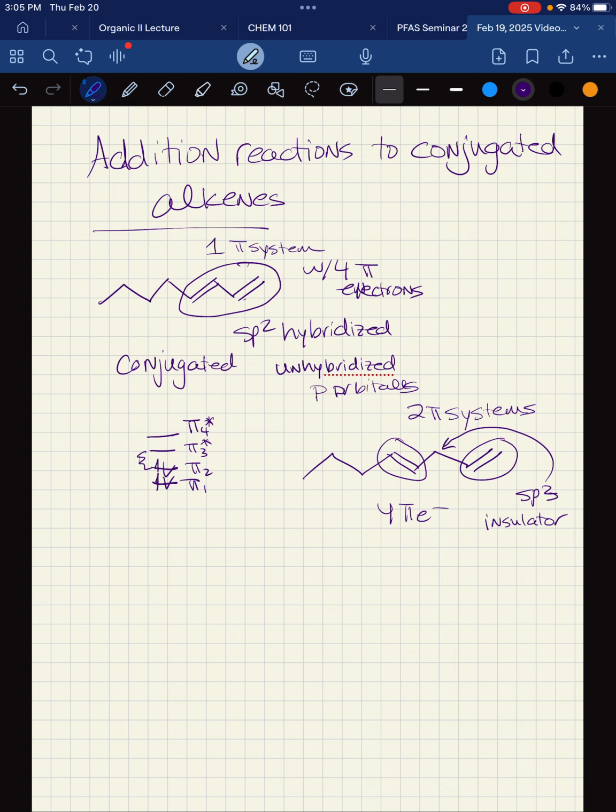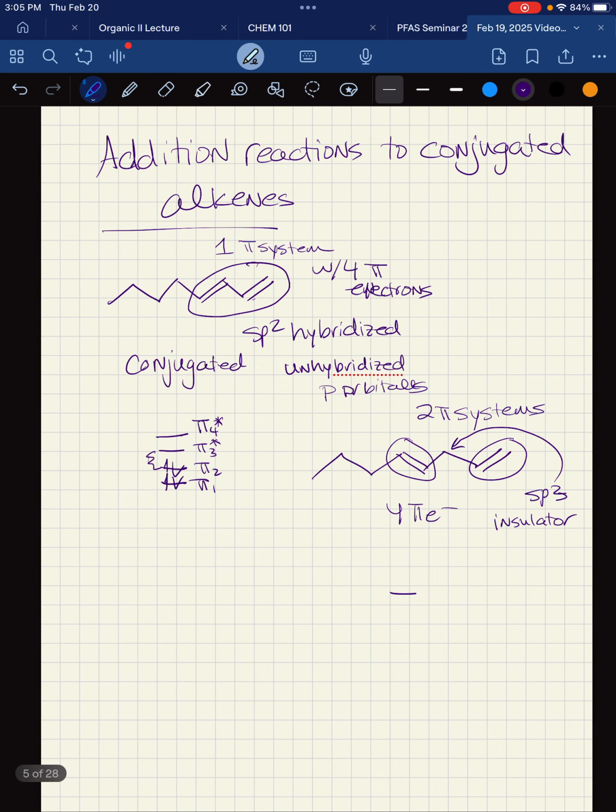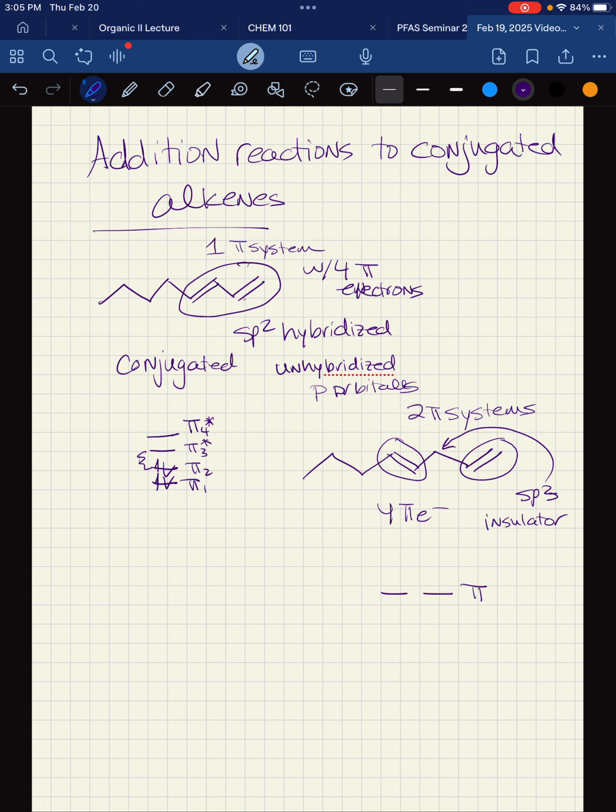One is terminal and one's internal, so that's going to be a little bit different setup. But you'll have orbitals that look a little bit more like this, where these 2 orbitals are similar energy. Usually if they're the same energy, we'll call them degenerate.